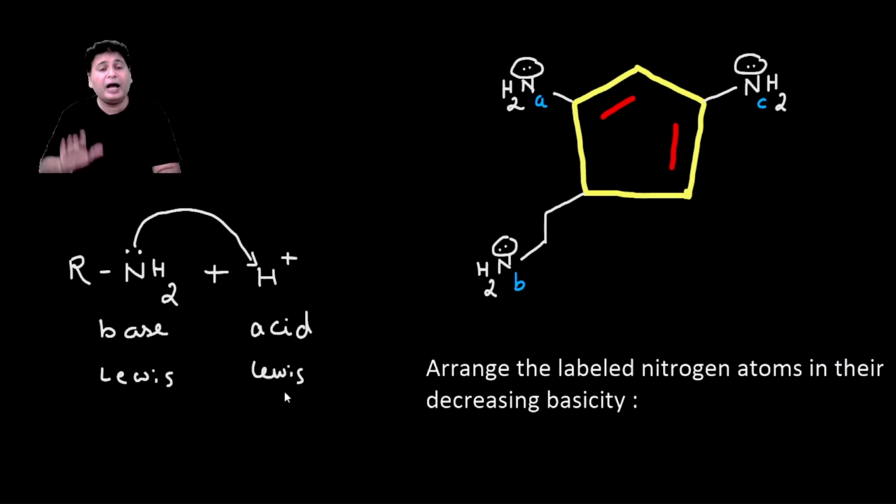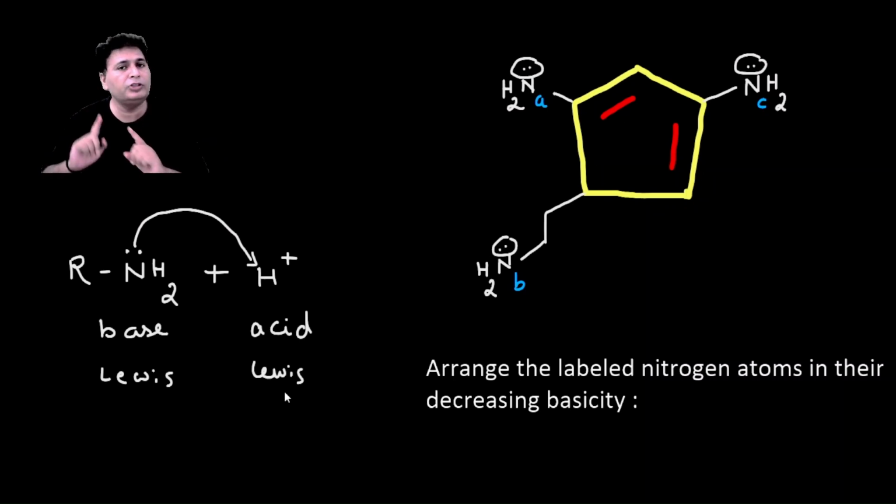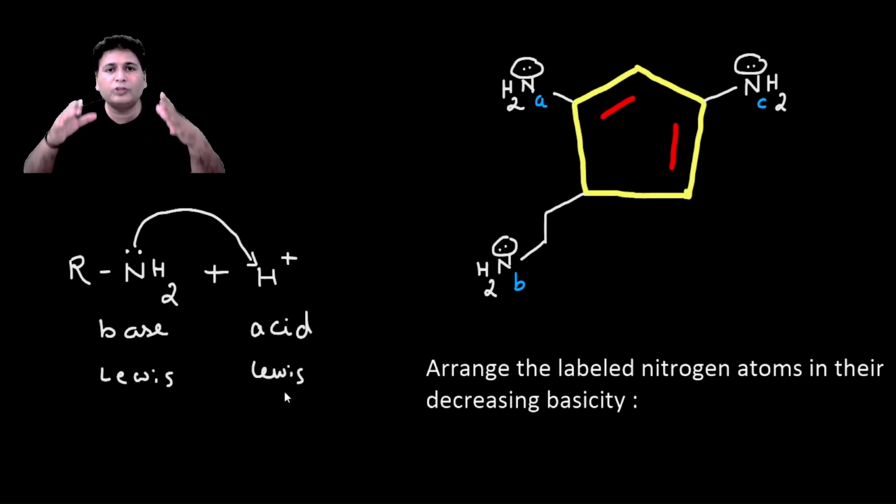Now, before we proceed, let me tell you: if there is a nitrogen with a lone pair and we are to check its basicity, we are to check its tendency to give electrons. You should understand one thing. If the presence of electrons is more, then my tendency to give will also be higher.